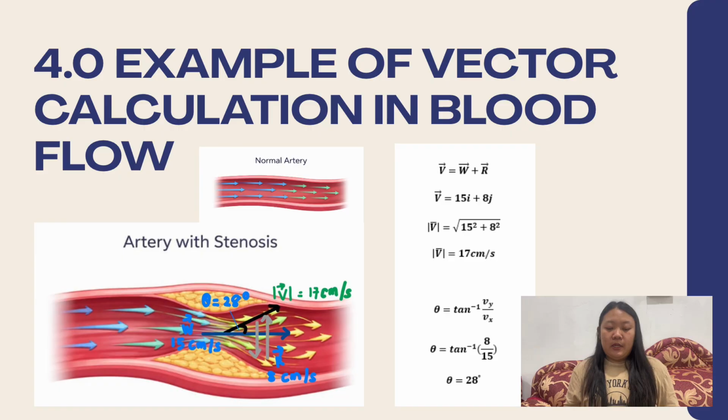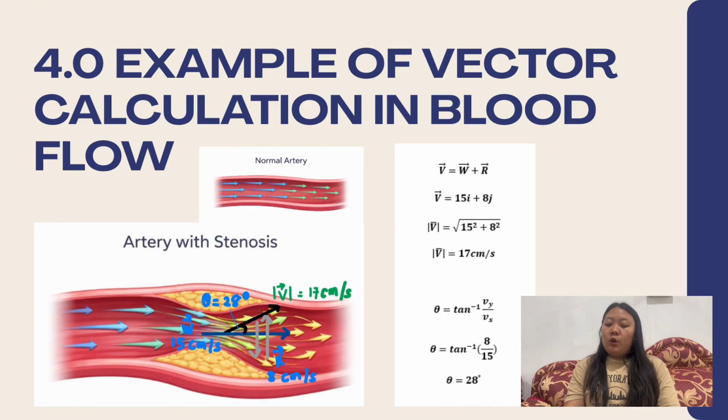For calculation, in order to find V, we can use the vector calculation that we have learned in our lecture. To find V, we can add W and R. So here we just need to add up 15i plus 8j.